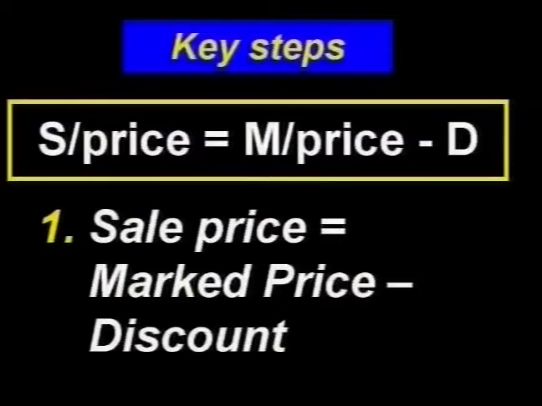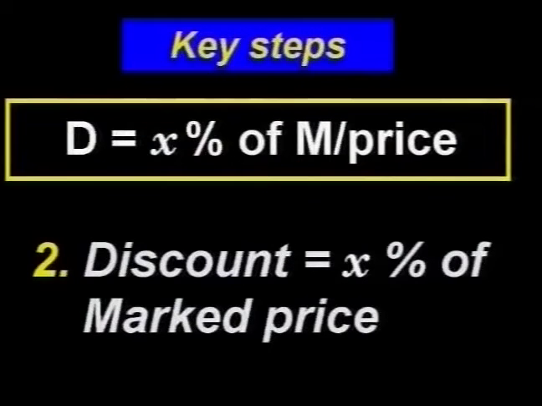The second one, discount is equal to X% of mark price. Discount is always given as a percentage of mark price. That's the second key step that we have to follow.